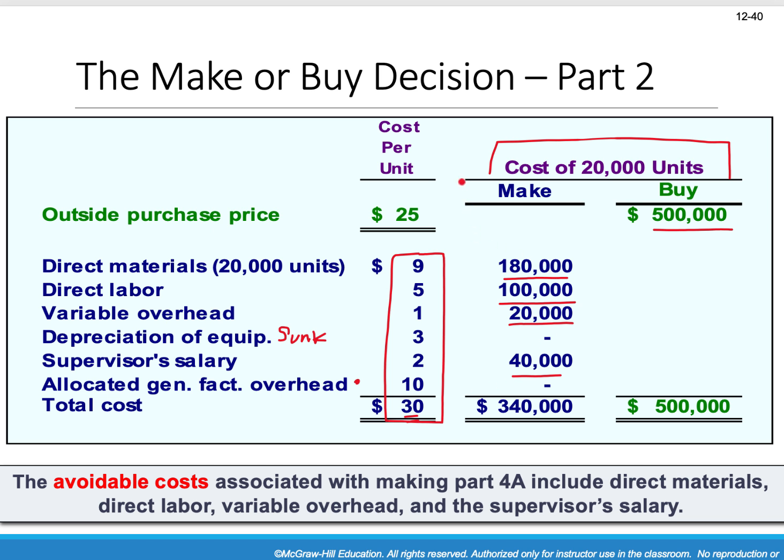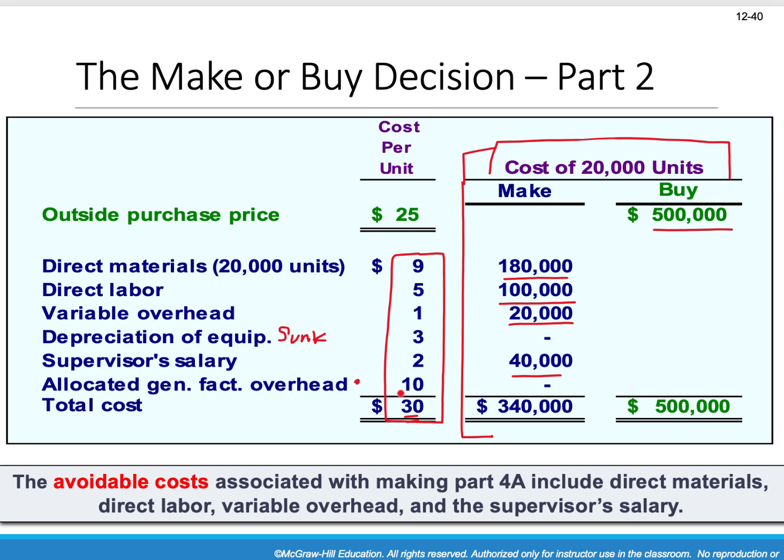So we can see, just looking over here, that it's actually cheaper for us to make it than to buy it. To make it, it would cost us $340,000 to continue making. To buy it, it would cost us $500,000.